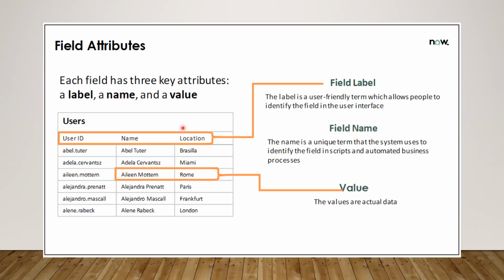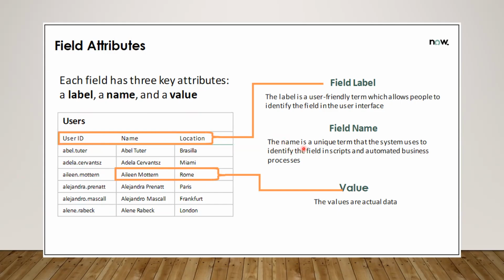I'm going to ask a question, so listen carefully. In a record, the label by which that field is recognized is user-friendly and very easy to understand. It is called the field label. Now the name is unique.